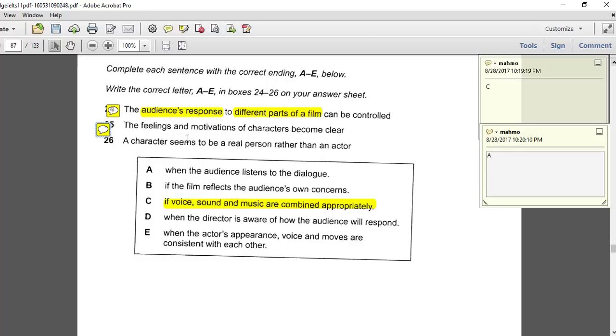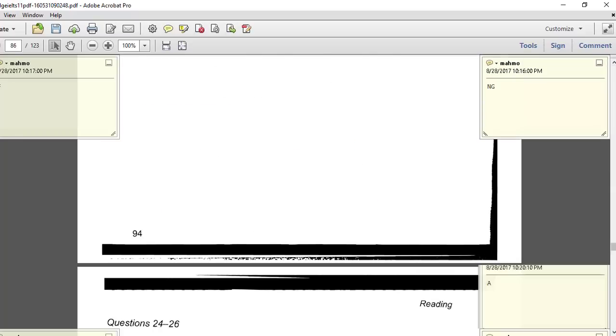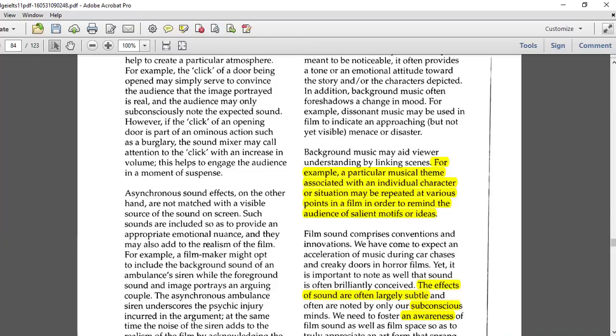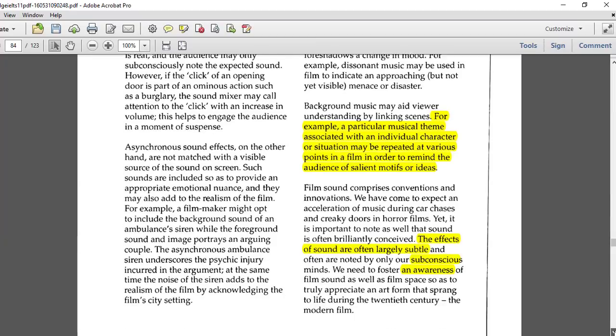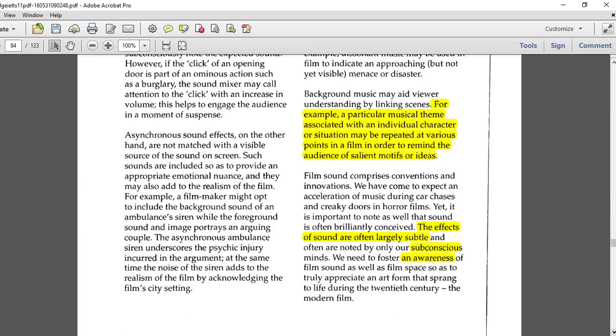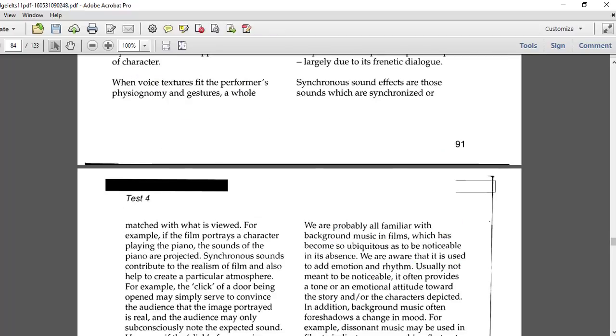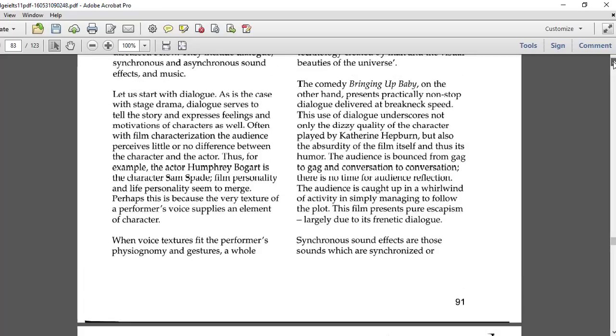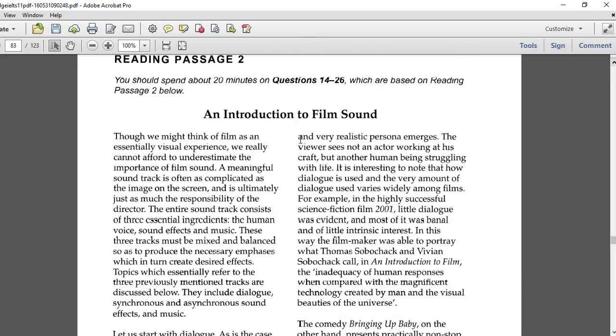26, a character seems to be a real person rather than an actor. Real person, I also remember we passed through this with this Bogart, I think, or I don't know whom. Let's get back to the first page. And very realistic person emerges.